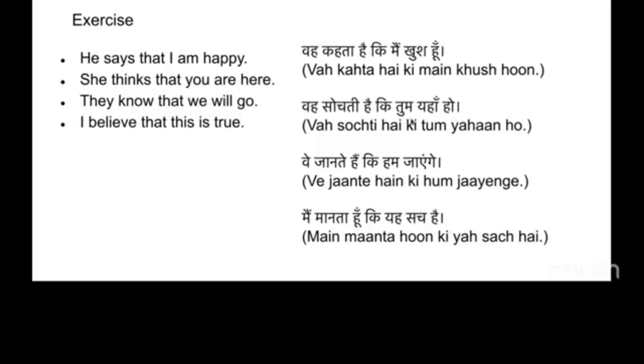If you are using आप, then it will be आप यहाँ हैं. If you are using तू, it will be तू यहाँ है. They know that we will go, वे जानते हैं कि हम जाएंगे. I believe that this is true, मैं मानता हूं कि यह सच है.